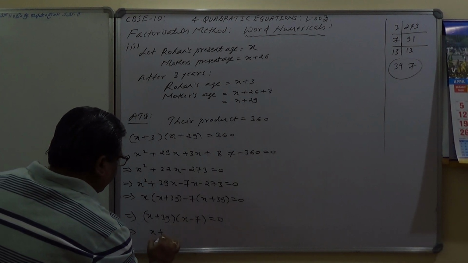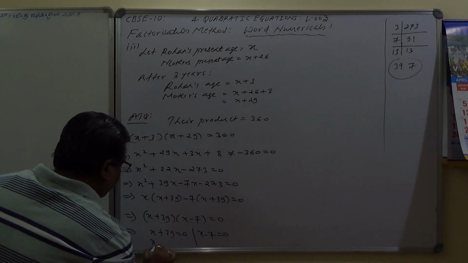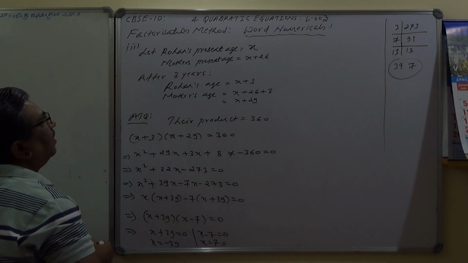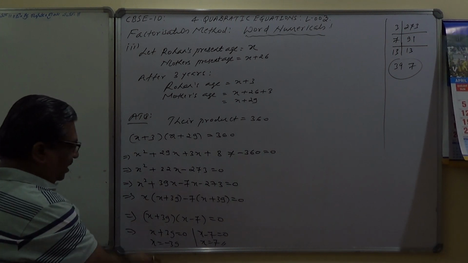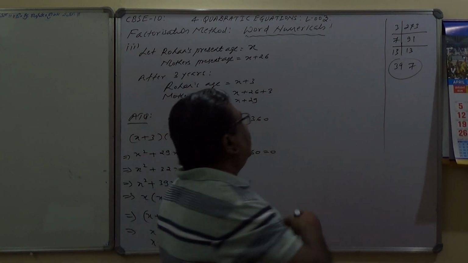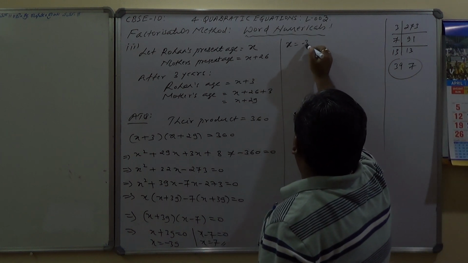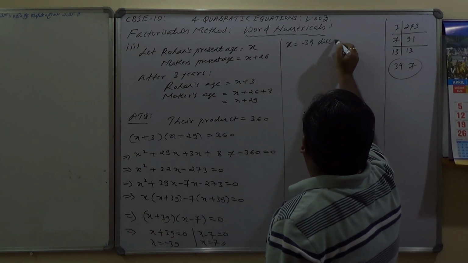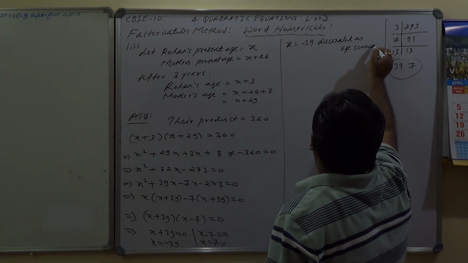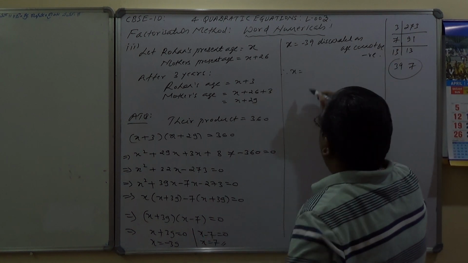This implies x plus 39 equals 0, x minus 7 equals 0, x equals minus 39, x equals 7 here. Age cannot be negative, hence x equals minus 39 is discarded. Therefore x equals 7.